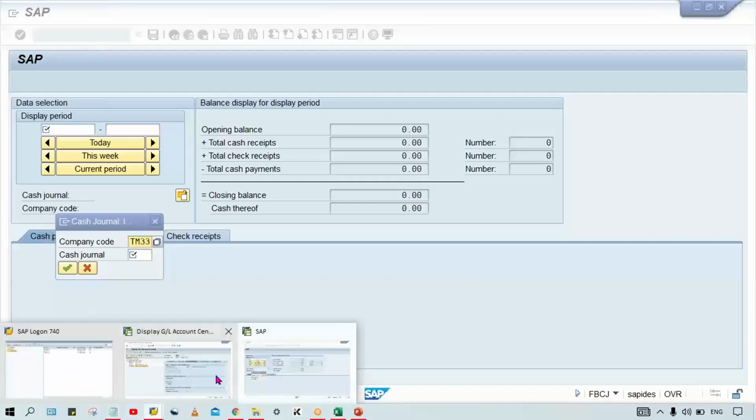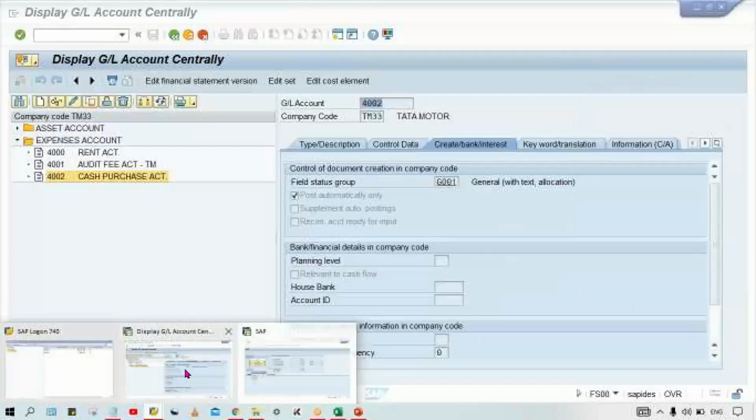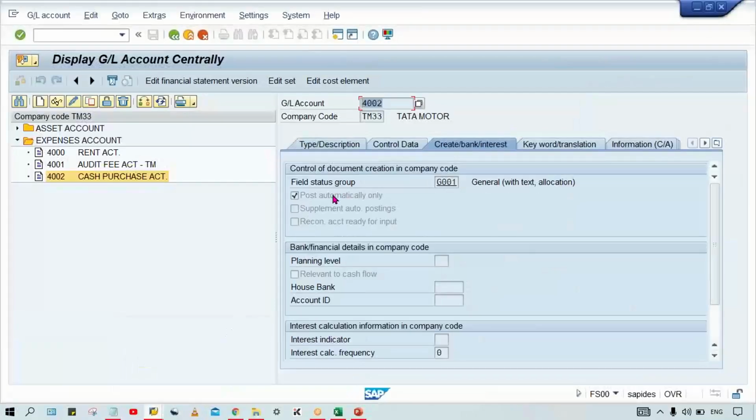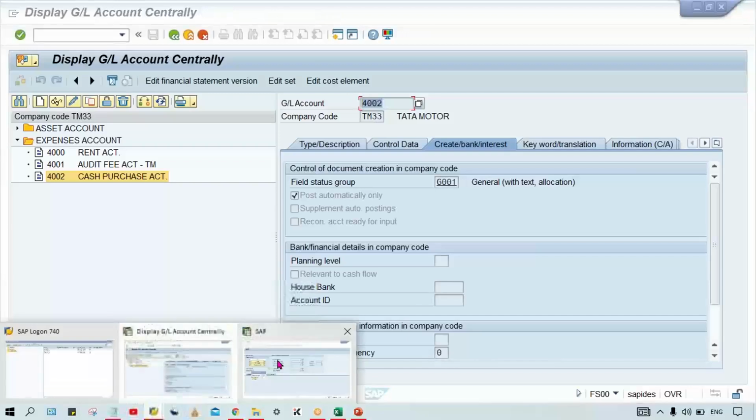So if you don't apply it, the user may post these transactions through FB50 also. That is why we have applied a check mark. Post automatically means there is no need to post any transaction in this GL account directly; we simply post the transactions through FBCJ.